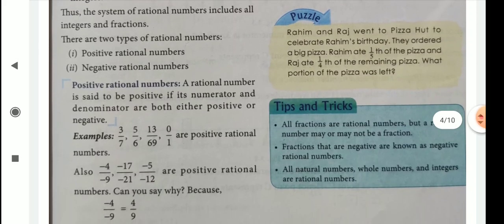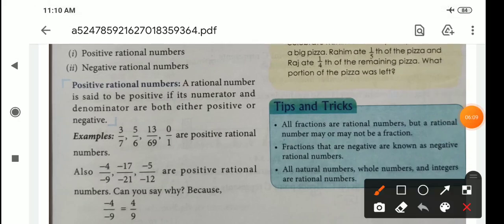Positive rational numbers: a rational number is said to be positive if its numerator and denominator are both either positive sign or negative sign. Children, this one is important, you remember, a rational number is positive if their signs are the same, may be positive, may be negative. Here all the signs are positive, so positive rational number.